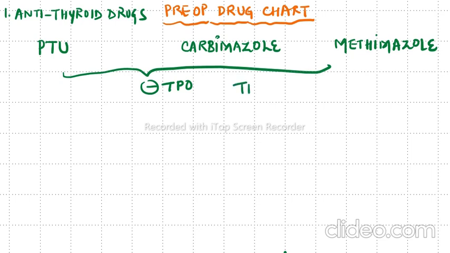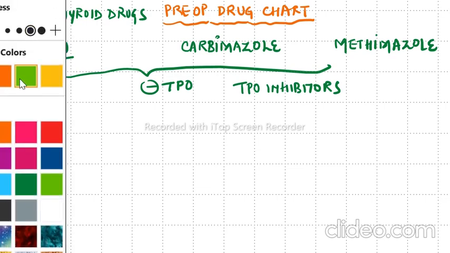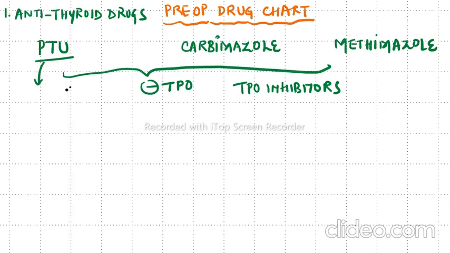So they are thyroperoxidase inhibitors. Additionally, propylthiouracil has an additive action of inhibiting peripheral T4 to T3 conversion.